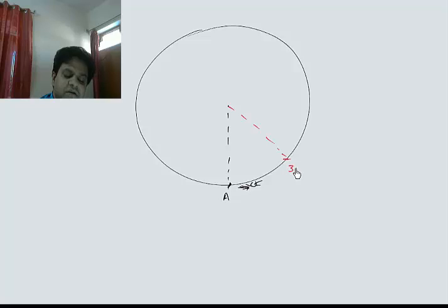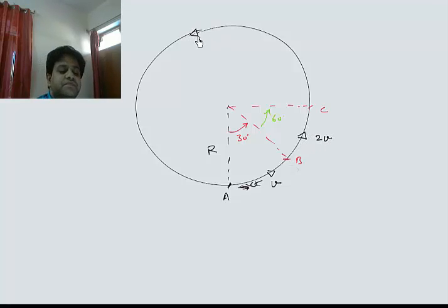This point is, let's say, B, and after crossing this point B, the insect moves to point C. This angle is, let's say, 30°. The next angle is 60°. The radius of the circle we are taking to be r. In this journey from A to B, the speed of insect is v. In this journey from B to C, the speed of insect is 2v, and in the remaining journey the speed of the insect is 3v.